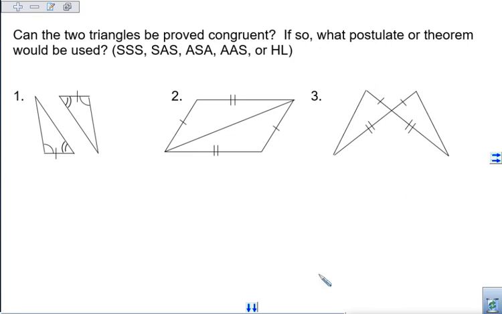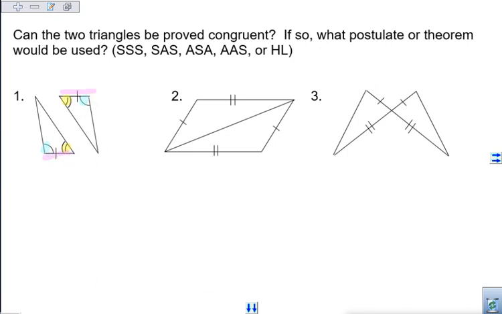So next up, we have two triangles that we want to prove are congruent. If they are, we need to tell why they are congruent. So notice that we have one set of angles marked as congruent, a second set of angles marked as congruent, and a side.